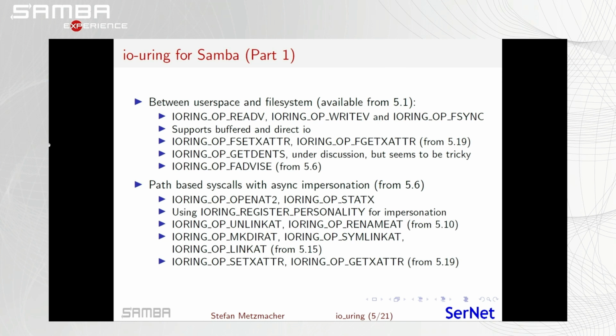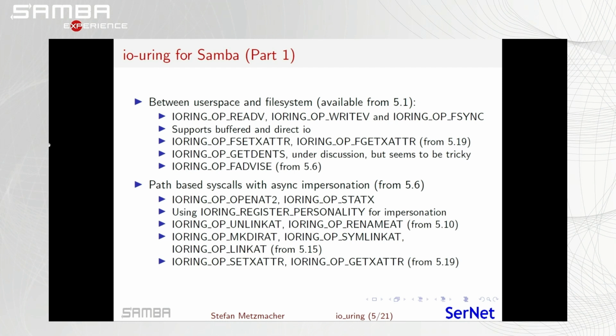There are path-based syscalls which allow async impersonation. So in Samba we often have the problem that we need to do some calls to say become user X in order to open a file and get the permission checks on behalf of that user.